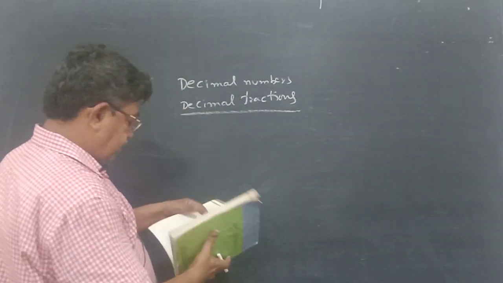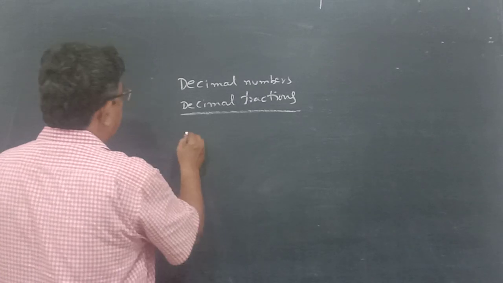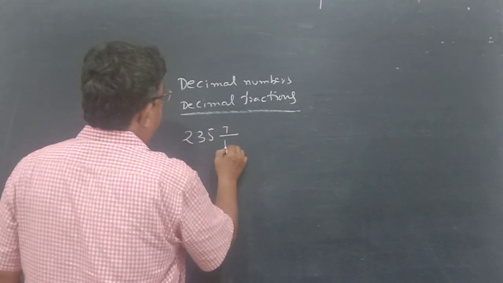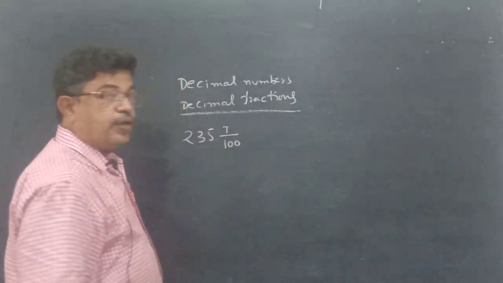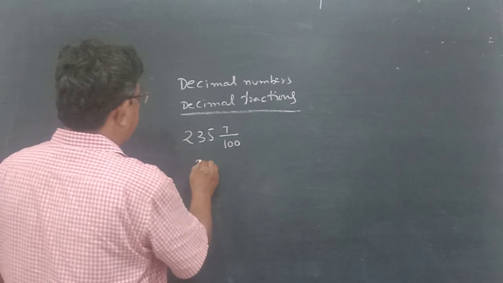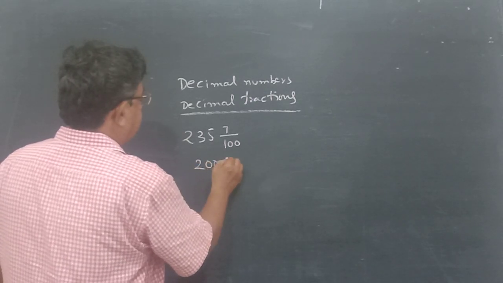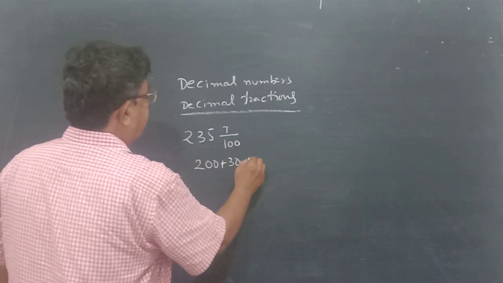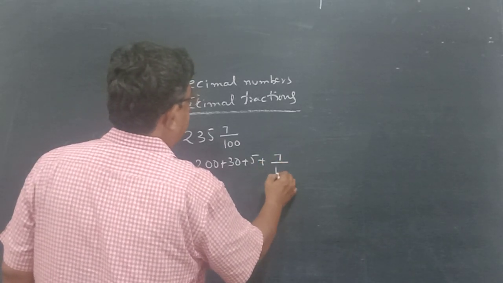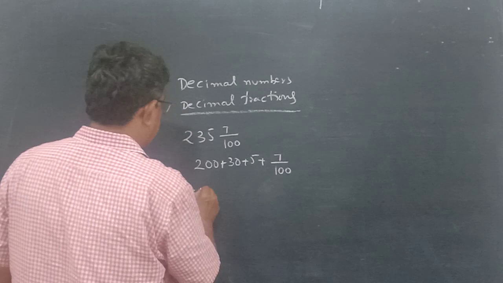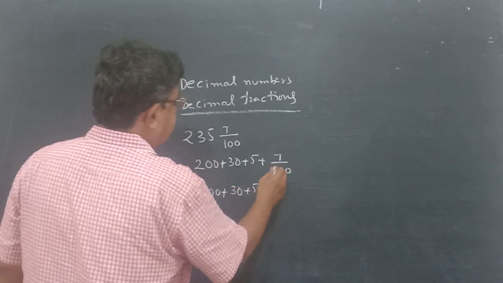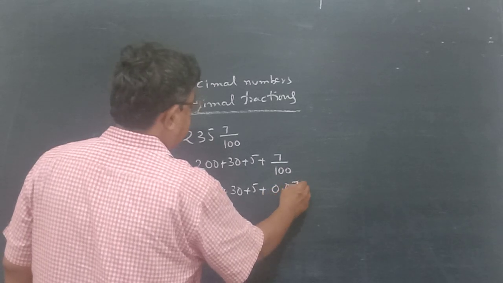Next, suppose you are given 235 7 by 100. How to write this in the decimal form? We can write 200 plus 30 plus 5 plus 7 by 100, and 7 by 100 is 0.07.